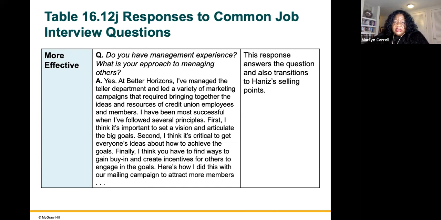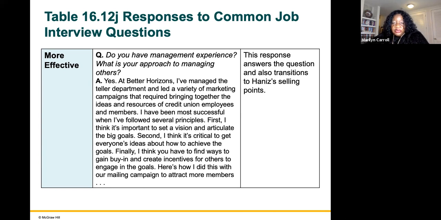Yes, at Better Horizons, I managed the teller department and ran a variety of marketing campaigns that required bringing together the ideas and responses of credit union employees and members. I have been most successful when I follow several principles. First, I think it's important to set a vision and articulate the big goals.